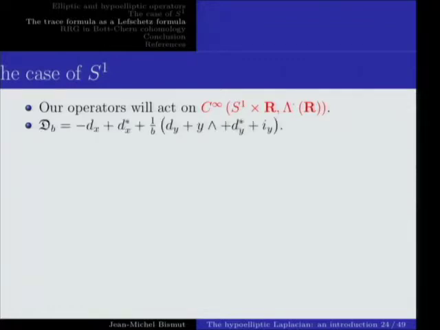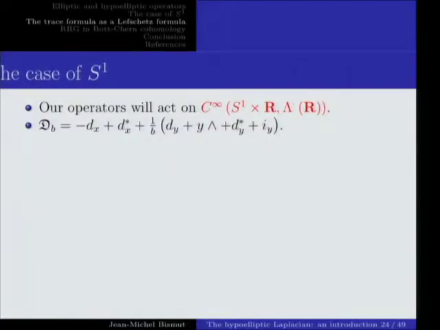So I introduce the following operator dB. It's an operator in two variables, again, acting on the exterior algebra of R, not of R2, but of R. The first piece is minus dx plus d star x. The second piece is essentially a Witten-like Hodge Laplacian.